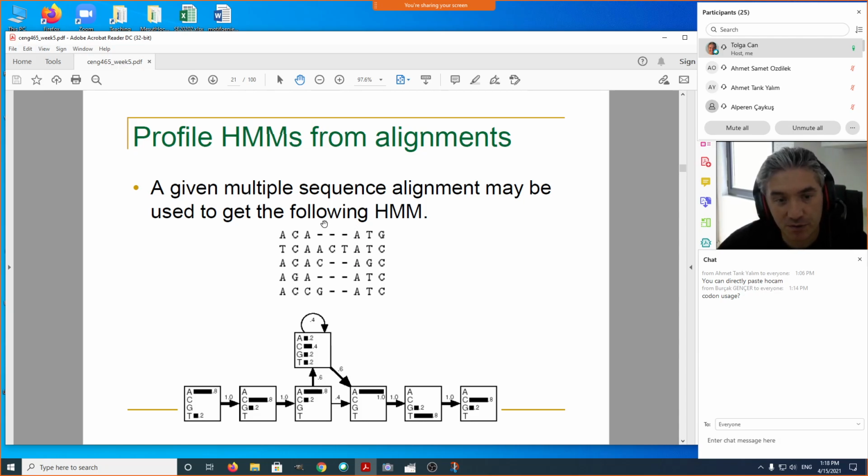If there are certain parts that are deleted a lot or inserted, the actual deletion will be a specific state. Imagine there's a new sequence which doesn't have this A in it. It's like there's a gap in that sequence against this A.